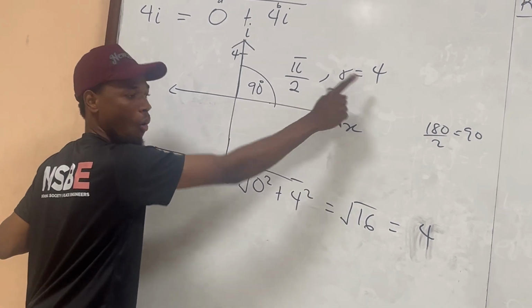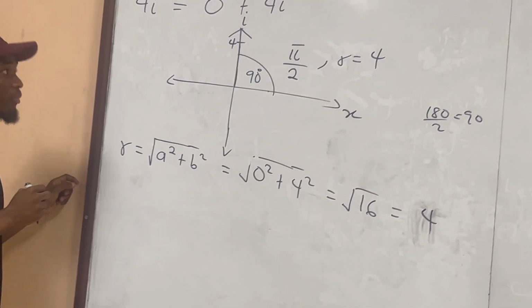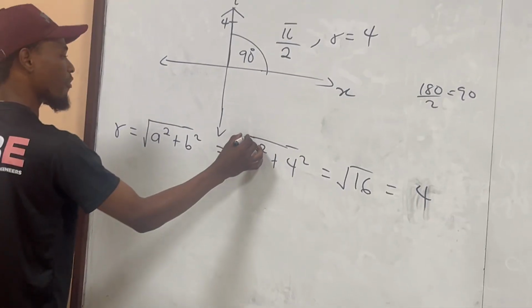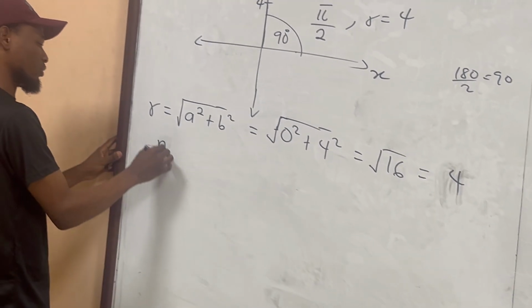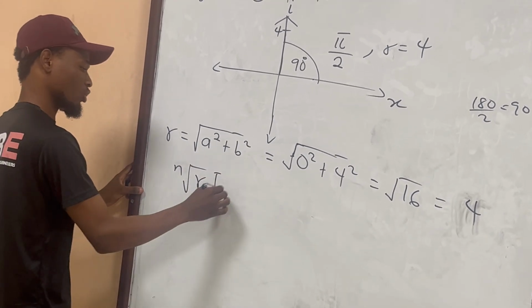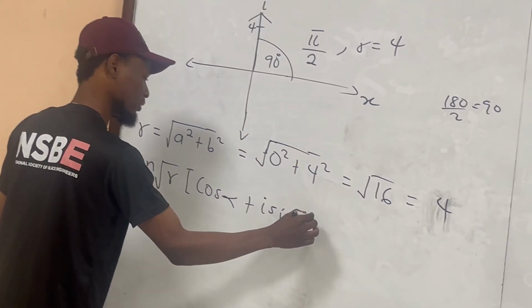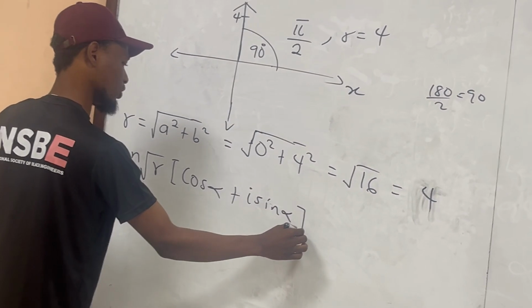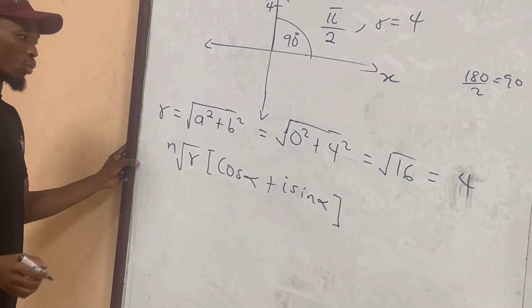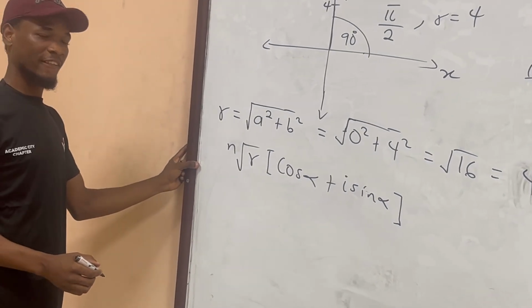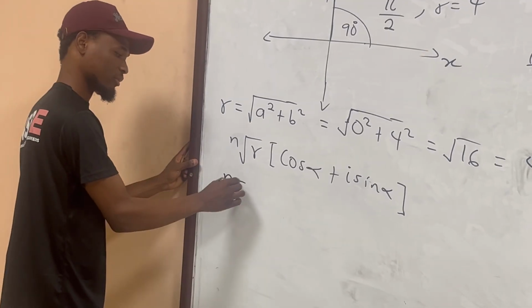So now from the formula, we know that we have cos alpha plus i sin alpha this way. Good. So what is my n?